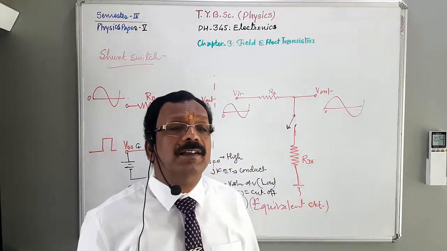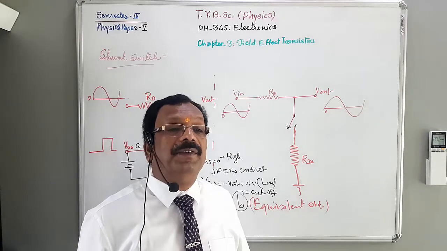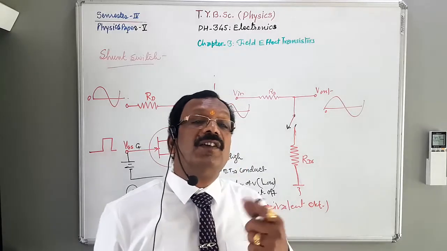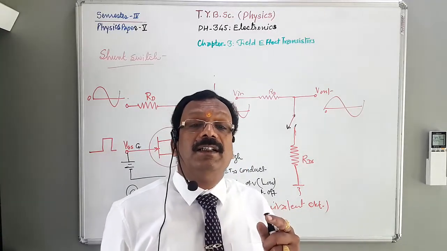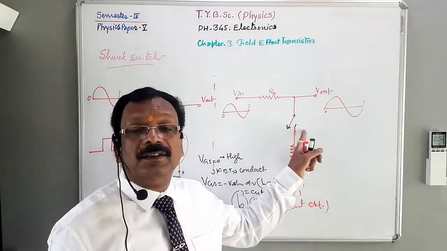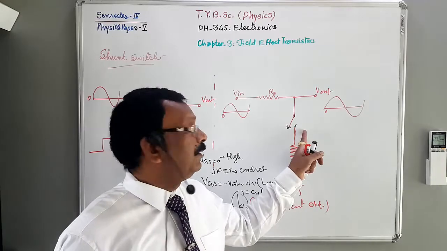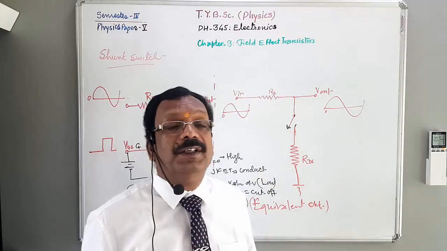Remember, when VGS is low, the JFET is cut off and does not conduct, and in this case the switch is open, and obviously V out is equal to V in.